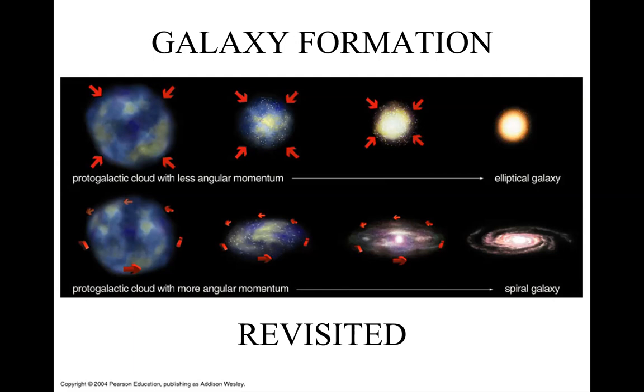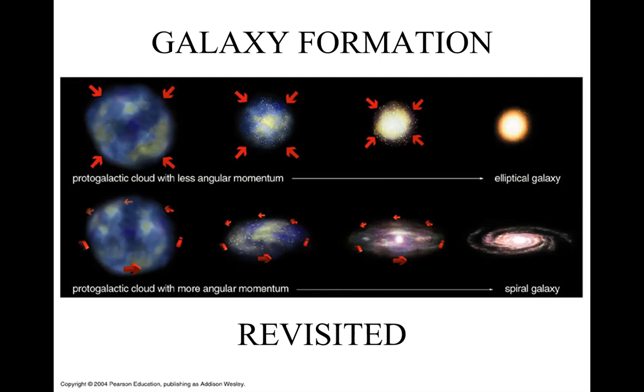Well, it turns out that that's not the only way to form a galaxy. That's a way that we think the Milky Way galaxy was formed, but that's not true for every single galaxy out there. In particular, galaxies like elliptical galaxies. It turns out that we think that elliptical and spiral galaxies in general formed in completely different ways. And we're going to talk very briefly about how they differ from each other.